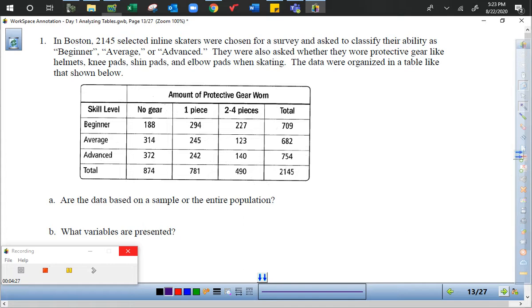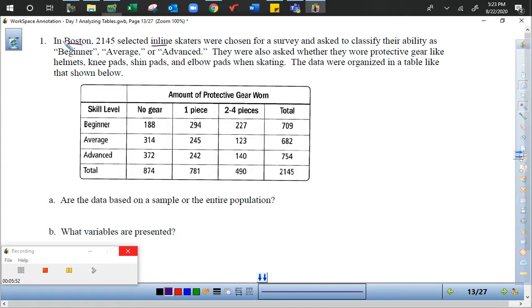But specifically, we need to know, are we looking at regular skaters? This one specifically says inline skaters, so that's important. But also, they're looking at just Boston. And we have to ask ourselves, do you think that Boston is the group we're looking at, or all of the inline skaters in the whole world?